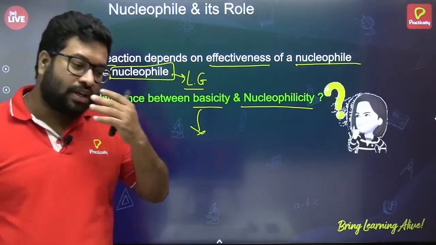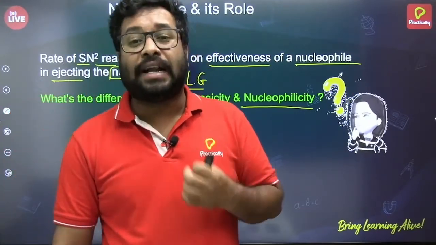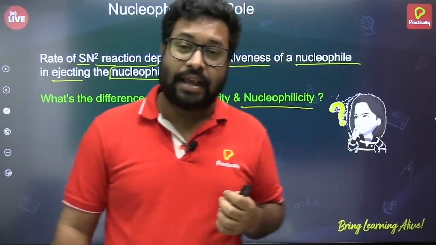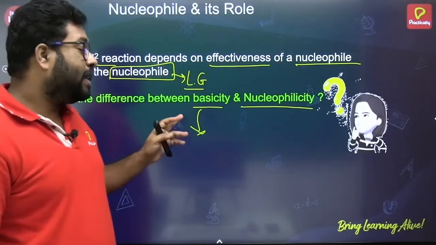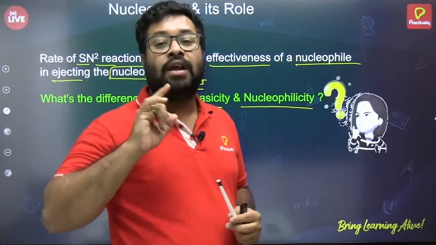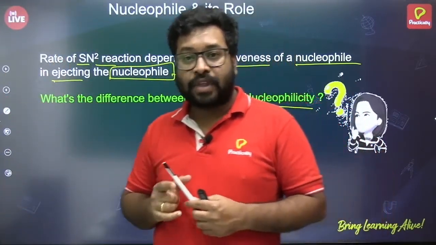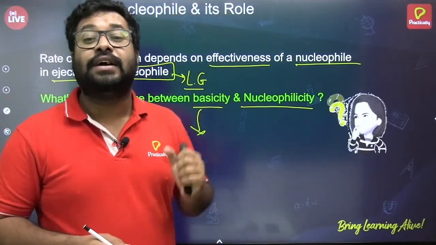If you're negatively charged, or I would say a lone pair bearing species, if it is attacking on a hydrogen, or if it is abstracting a hydrogen, it's surely a base. If it is attacking on electrophilic carbon, then it is what? It's a nucleophile.